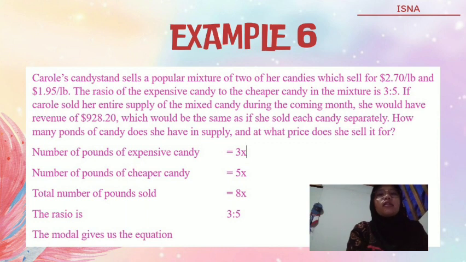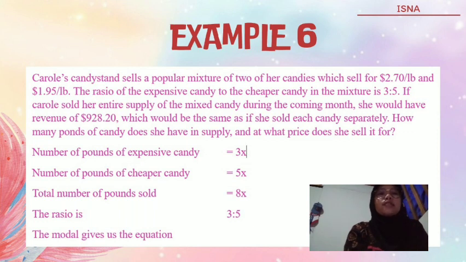If Carol sold her entire supply of the mixed candy during the month, she would have revenue of $928.20, which would be the same as if she sold each candy separately. How many pounds of candy does she have in supply, and at what price does she sell it?